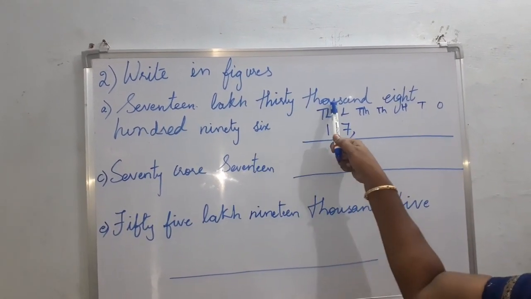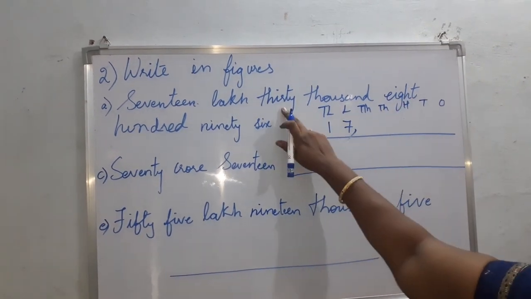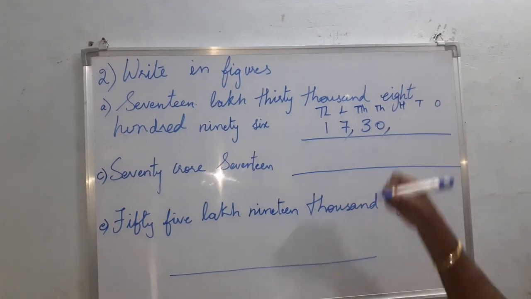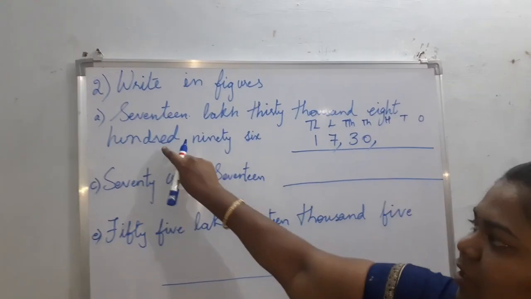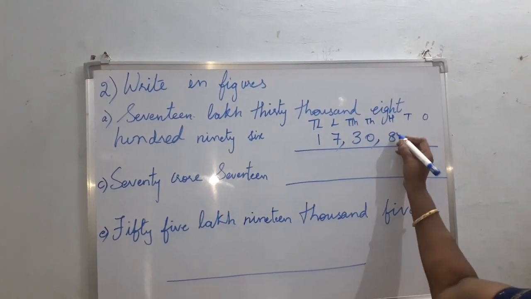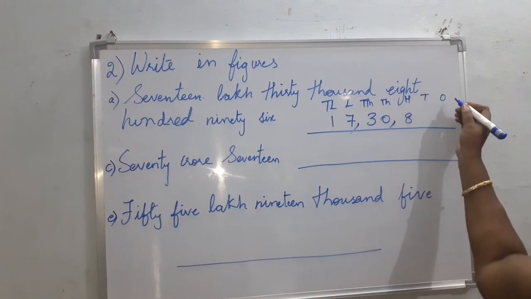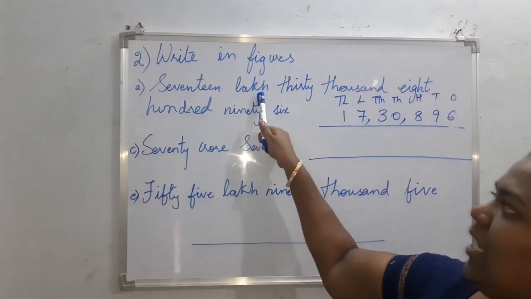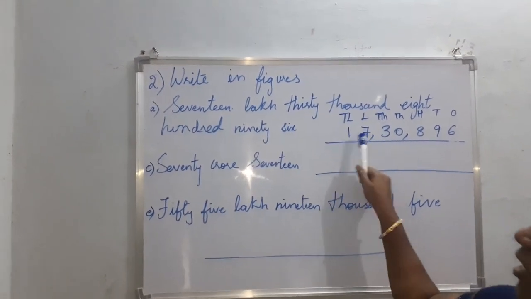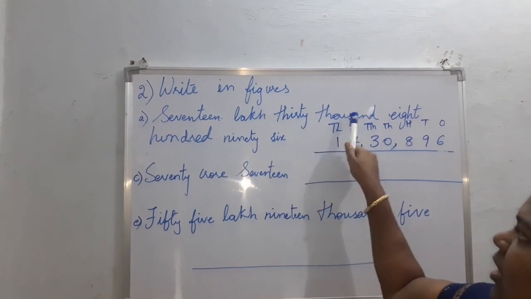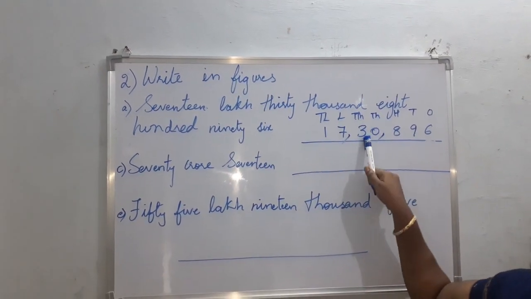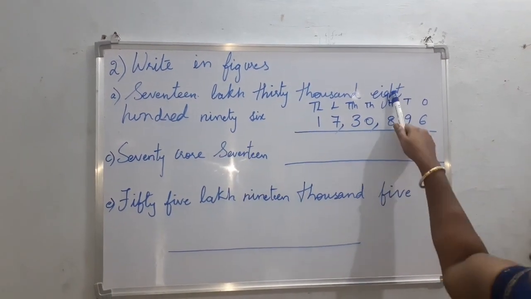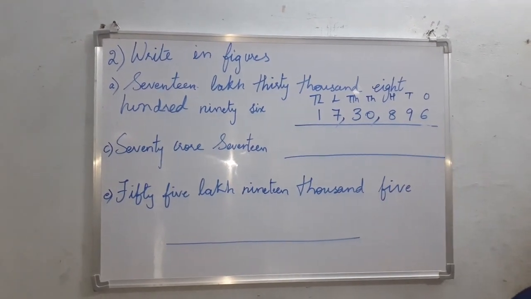Next 30,000, so in 1,000 and 10,000's place 30. Next 800, in hundreds place 8. 96, tens and ones place 96. Listen once again: 17 lakh, lakhs place 17. 30,000, in 1,000 and 10,000's place 30. 896, 8 in hundreds place, 96 in tens and ones place.